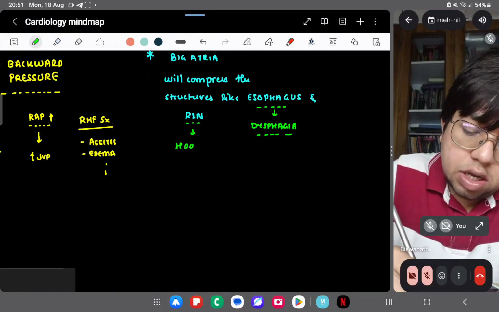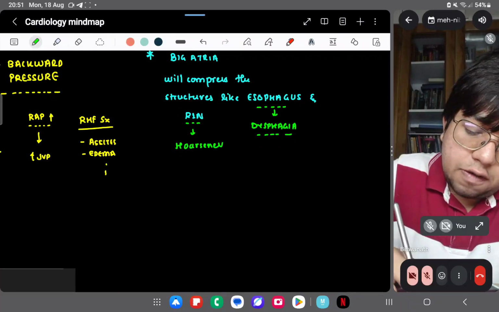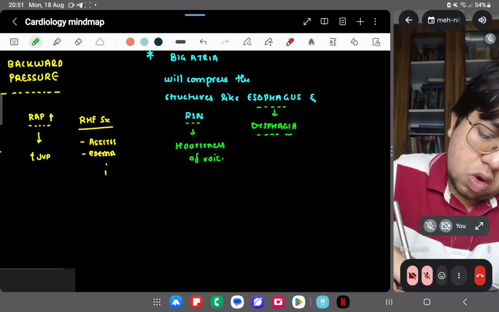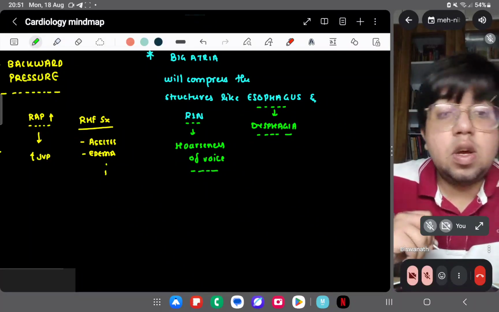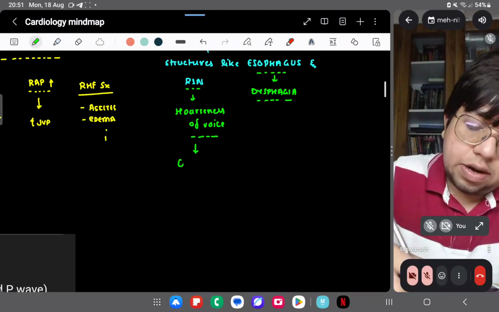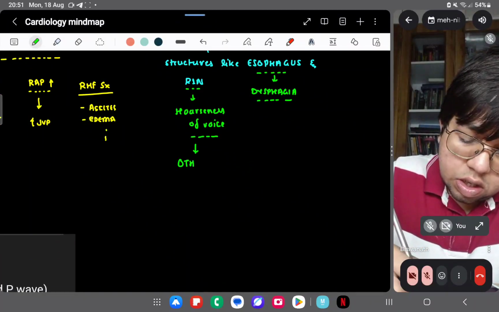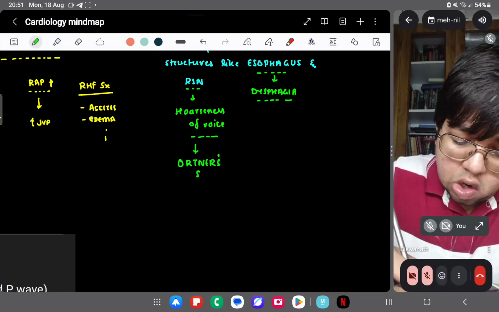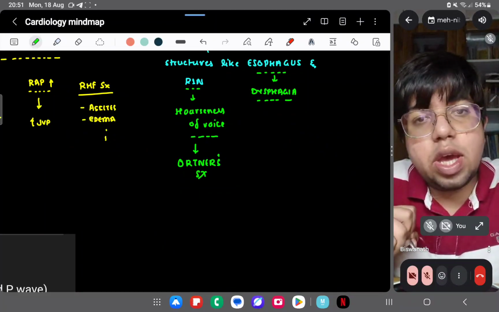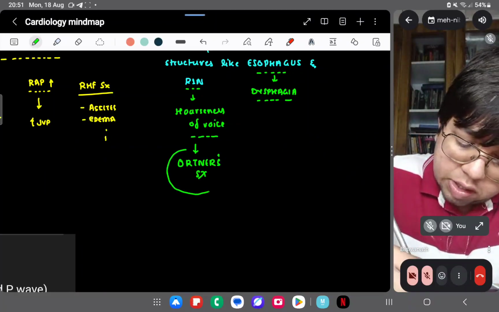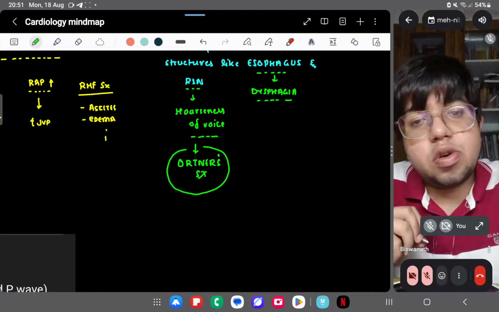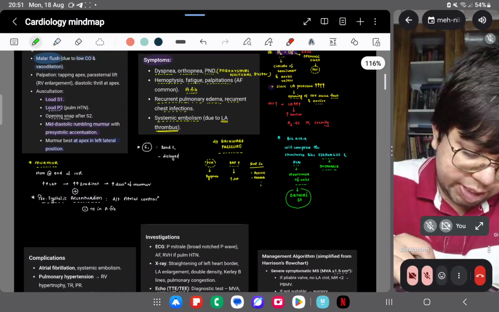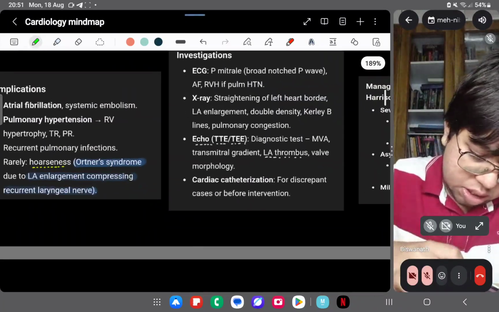It's called hoarseness of voice. Hoarseness of voice associated with this is called Ortner's syndrome. So this is the cause of Ortner's syndrome. It is mentioned in Harrison's.